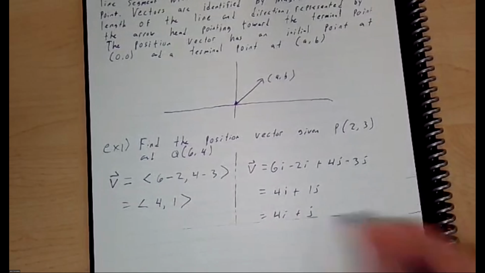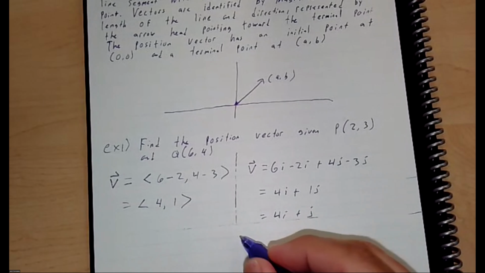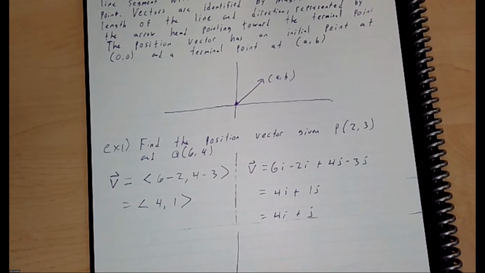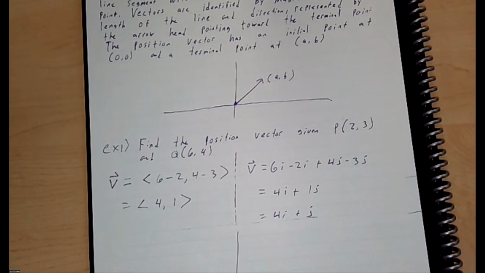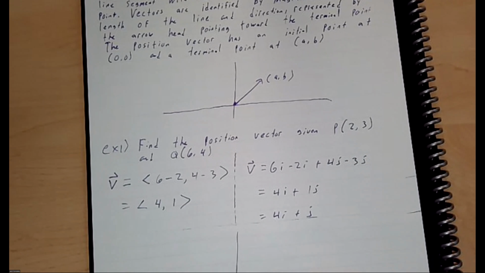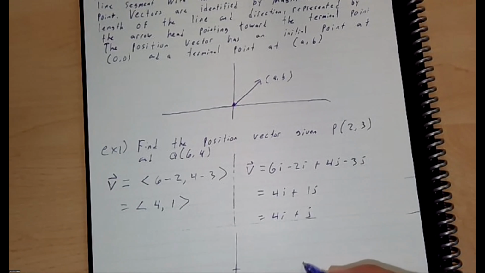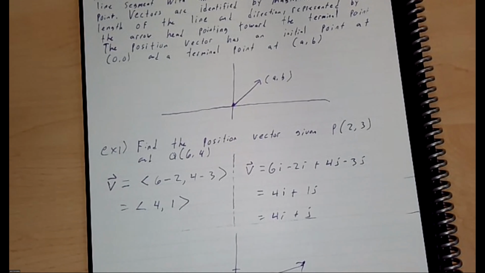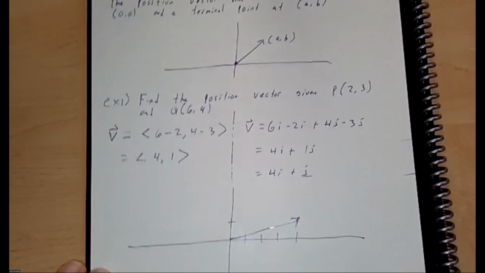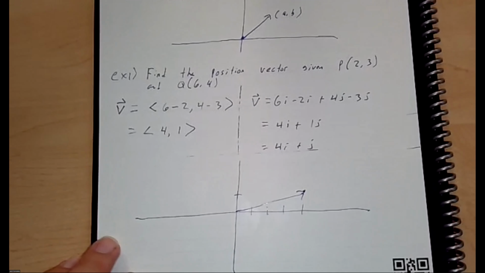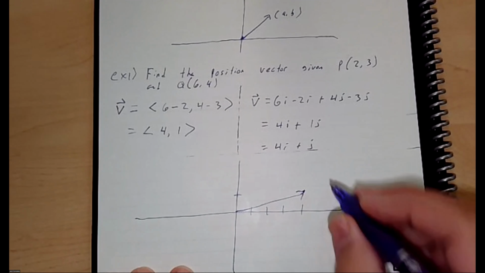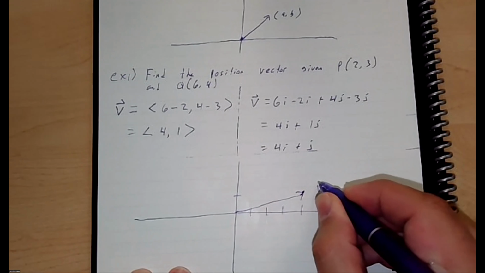The vector v for number 1 would be 1, 2, 3, 4, 1. So going from here to here. That's my vector. So this is v.